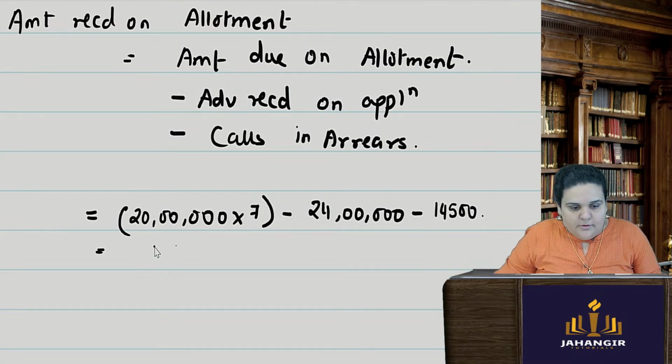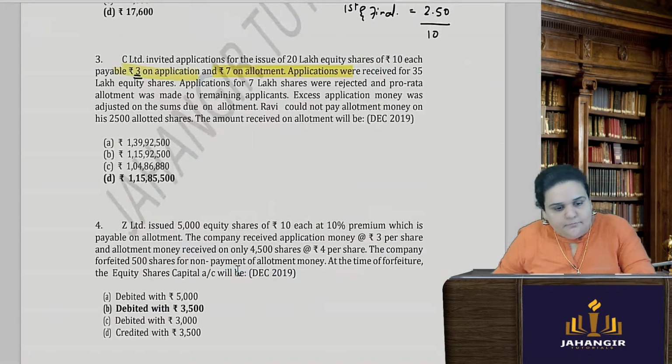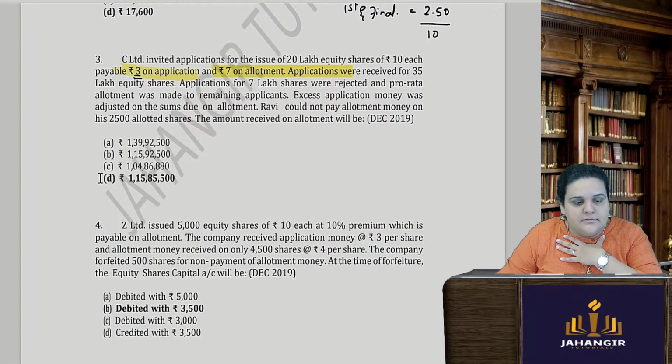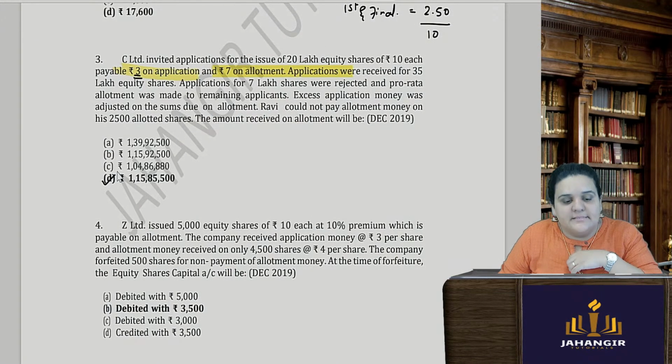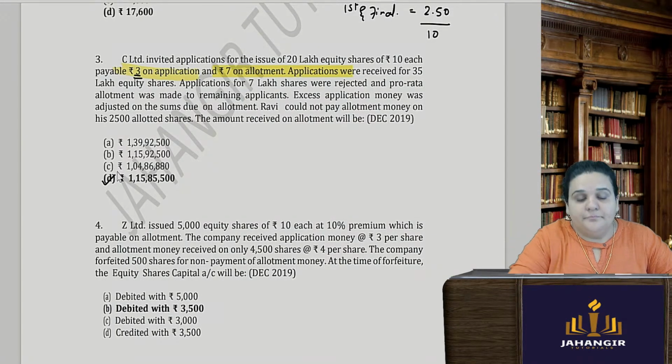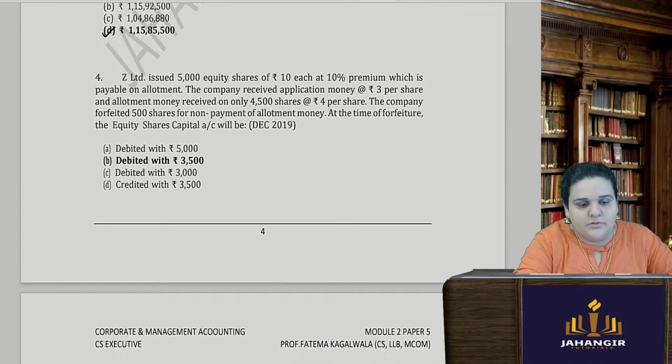You will get 1 crore 15 lakhs 85,500. Here the answer is 1 crore 15 lakhs 85,500. Okay, clear? Let's go to the next question.